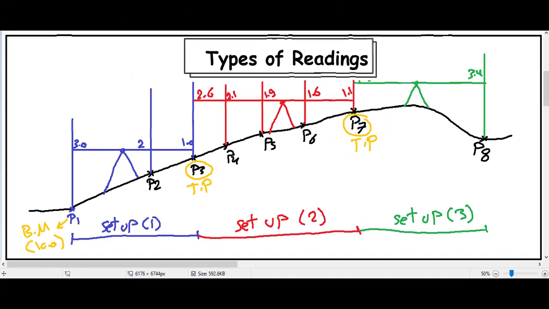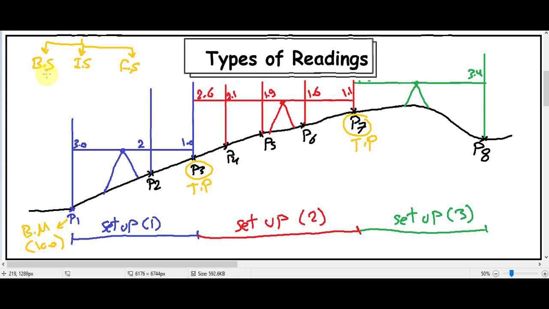Before we start with leveling calculation, first we must know the types of readings. We have three types of reading. The first type we call backsight. The second type we call intermediate sight. The third type of reading we call foresight.